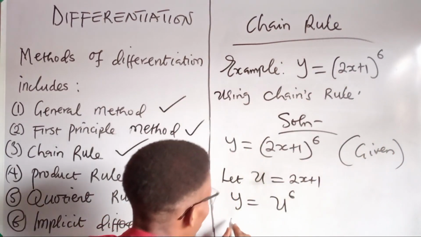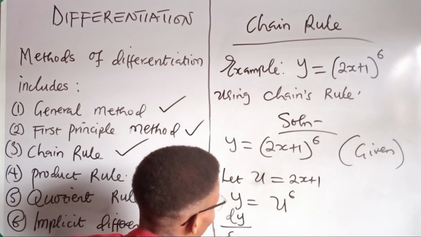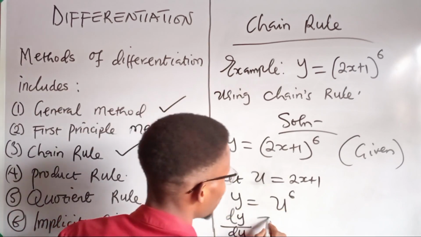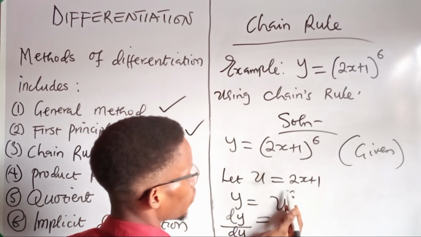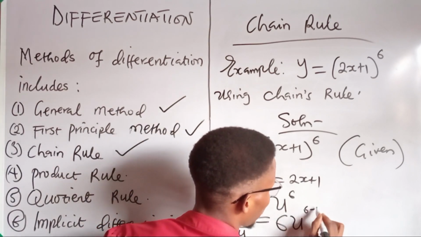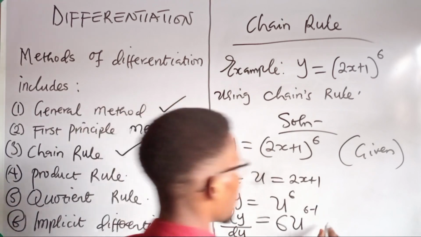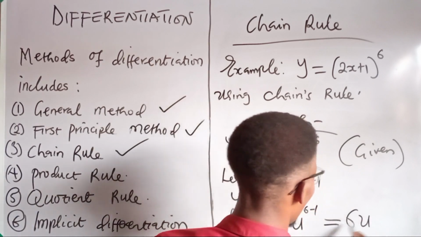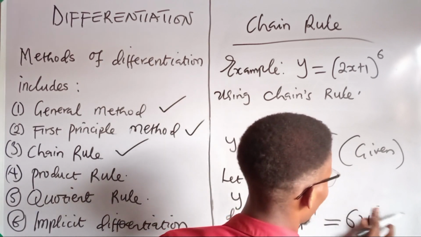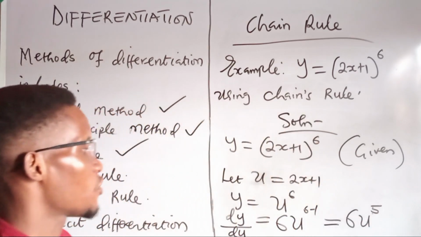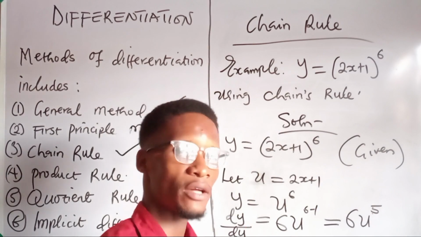So dy over du, which is differentiating y with respect to u, is going to be 6u raised power 6 minus 1, which is going to give us 6u raised power 5. So that's what we got from dy over du.